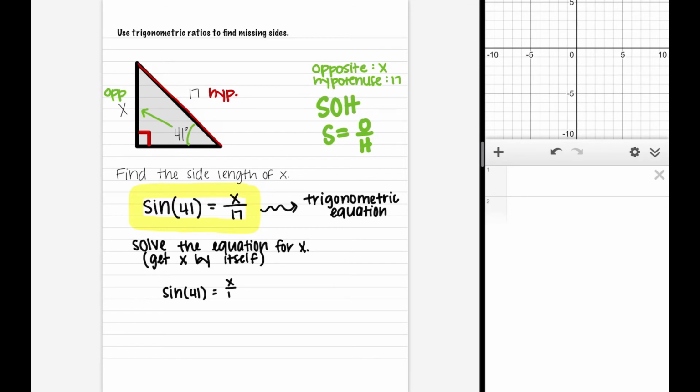Okay, if I've got sine of 41 equals X over 17, then I want to start by isolating the X, so I need to get rid of the 17. Right now it's X divided by 17, so I'm going to use inverse operations to get rid of the 17. The opposite of division is multiplication.